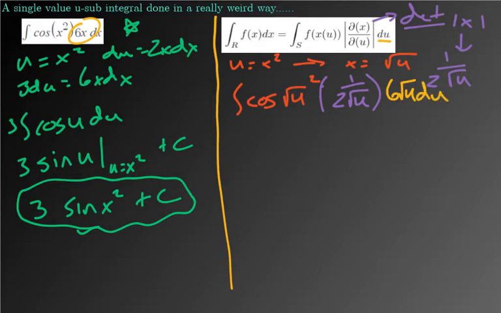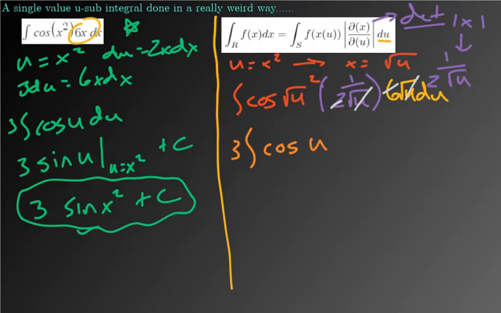This is like a u integral, right? So I've got some stuff I can simplify here. 2 and 6 can cancel to 3. You've got square root of u on the bottom and the top. And square root of u squared is u.